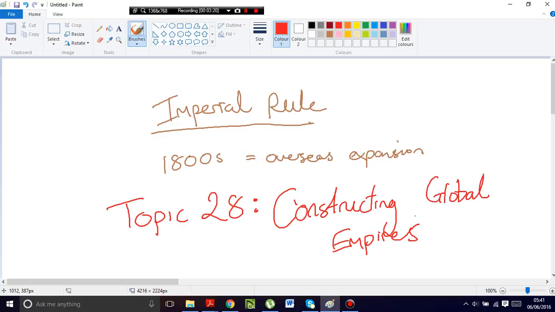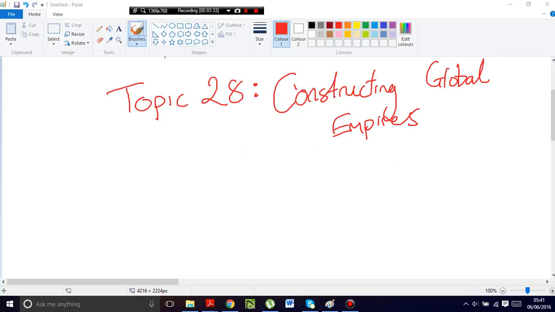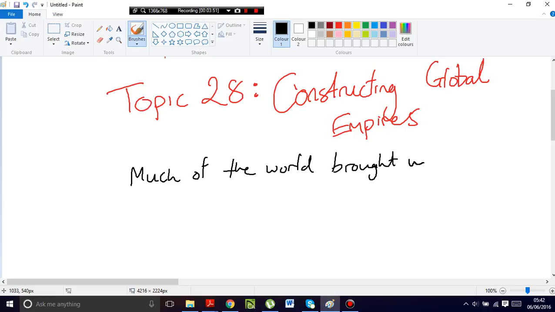And this occurred, as I said, in the mid to late 1800s. And the take home message for this is that it saw much of the world brought under the control of the Western powers.